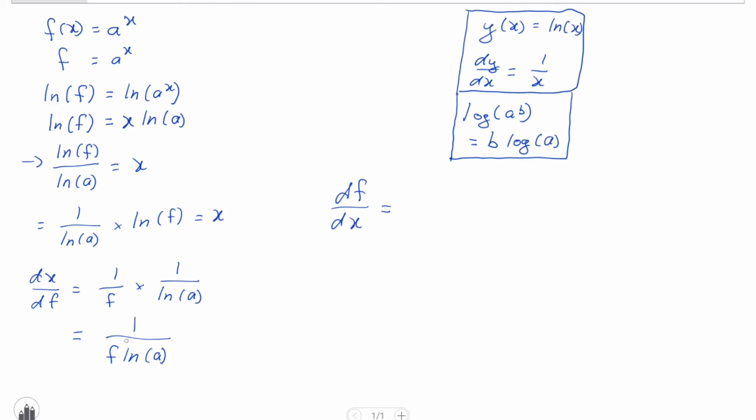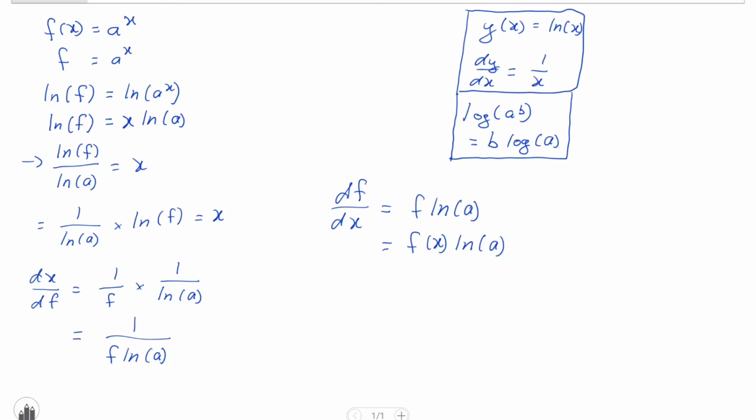We can just take all of this stuff over here and invert it, right? So we've got some function f times the natural log of a. And recall that this was just some function f of x times the natural log of a, like that.